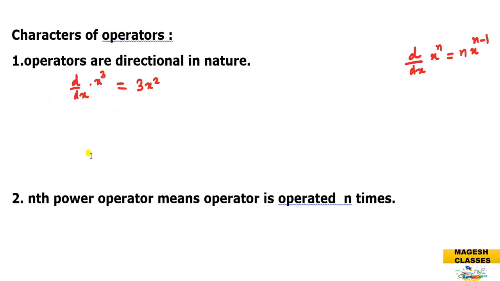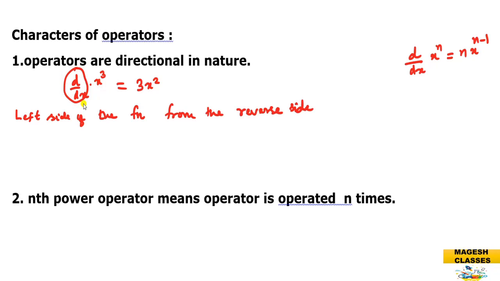Generally, operators operate from the left side of the function, from the reverse side. See this operation: this is the operator and this is the function. The operator operates on the left side of the function.